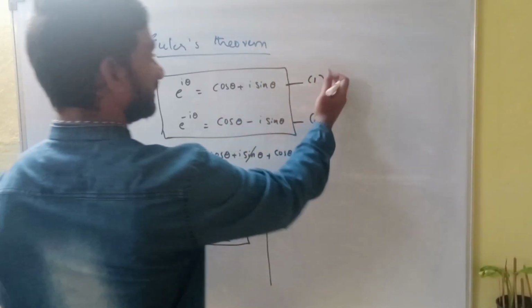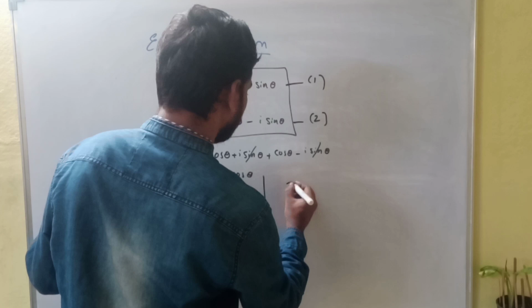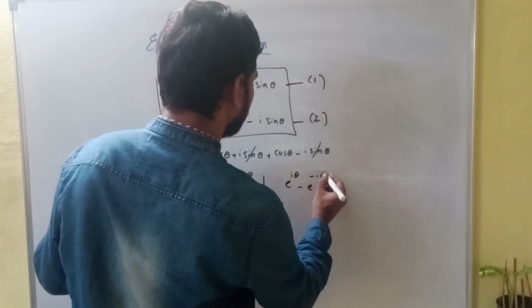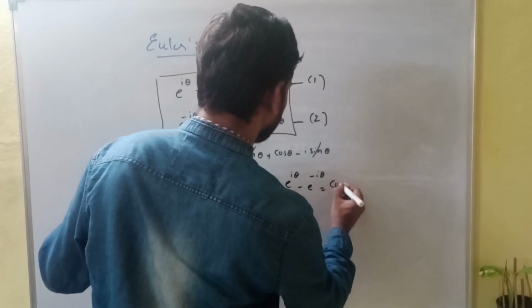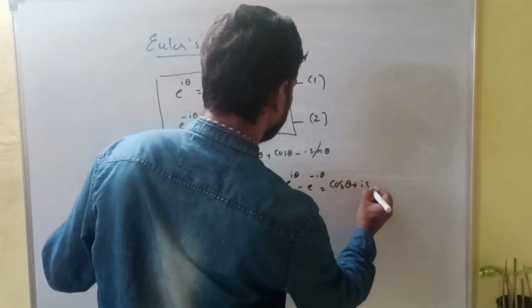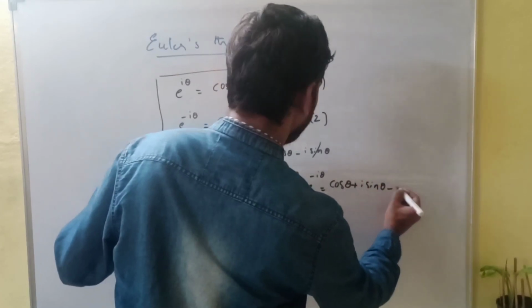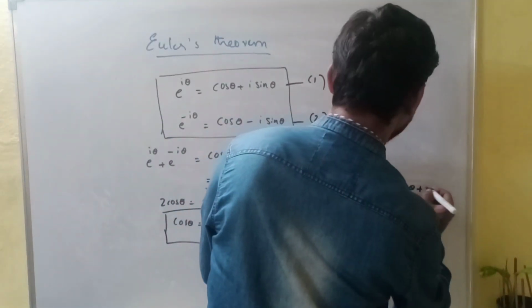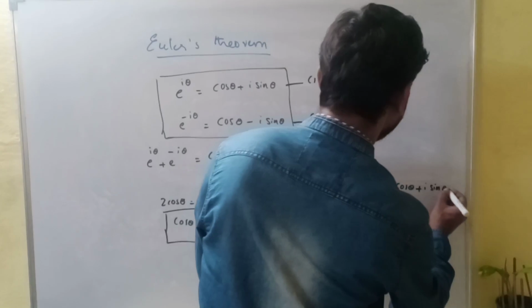Now let's subtract these two equations. That means e power i theta minus e power minus i theta equals cos theta plus i sin theta minus cos theta, minus into minus, plus i sin theta.